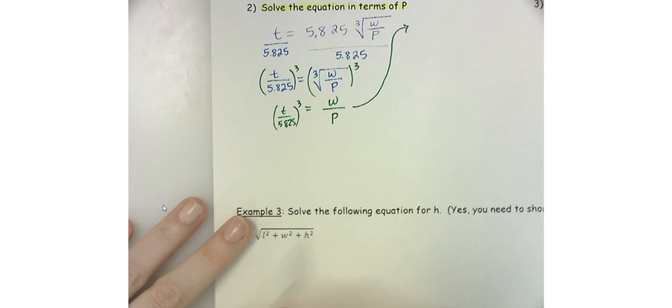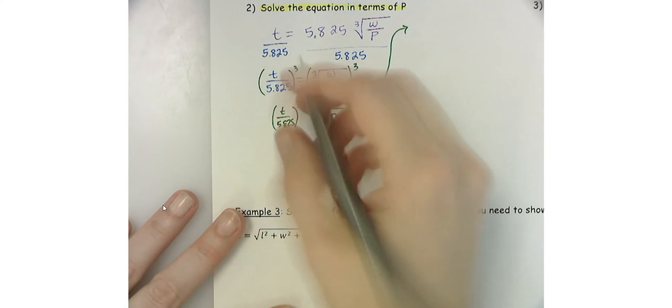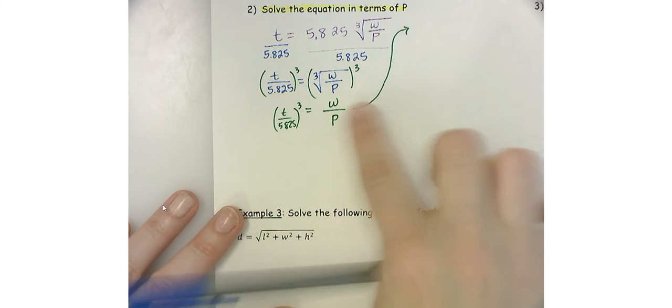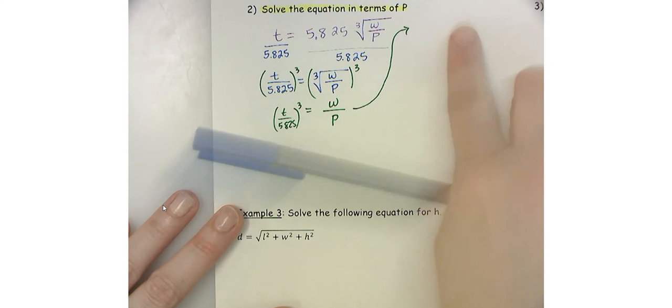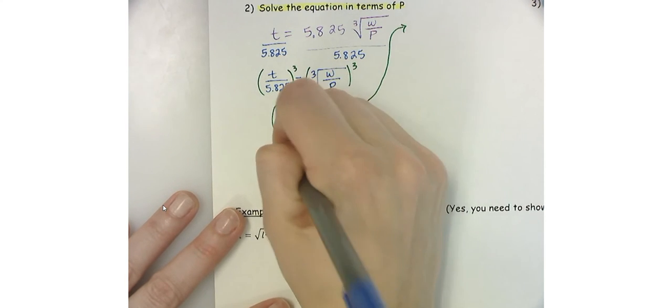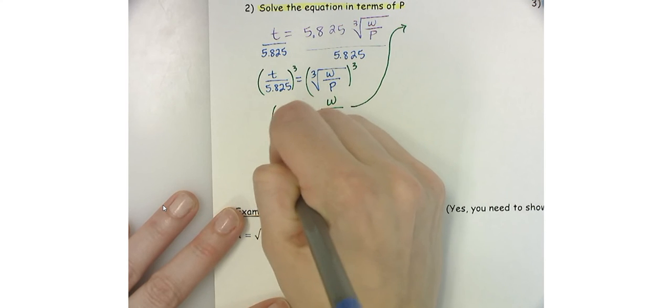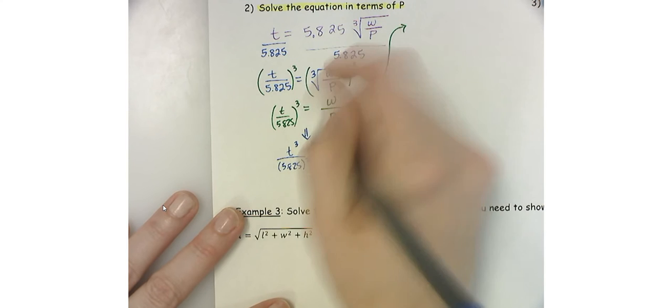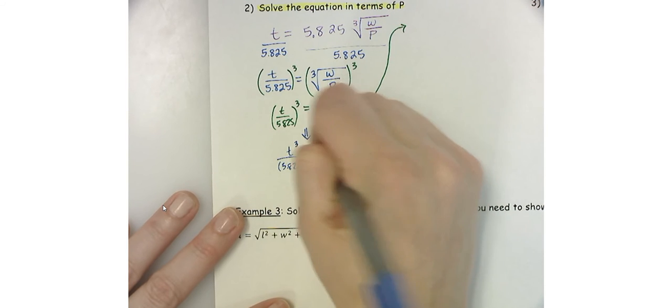Yes, this would be a calculator question, and what Kelsey said is so that you have an exact answer. Yes, because if you do 5.825 to the third power, you have this long decimal, and you need to keep this exact. All right, so we're not going to do that yet.